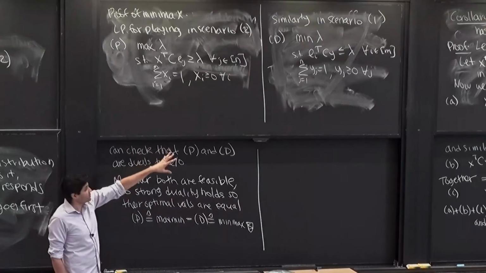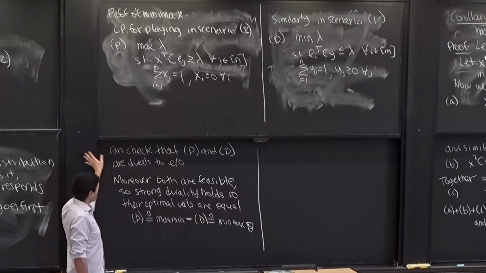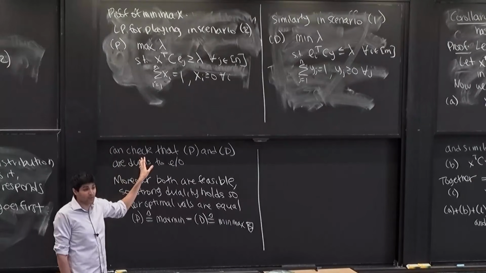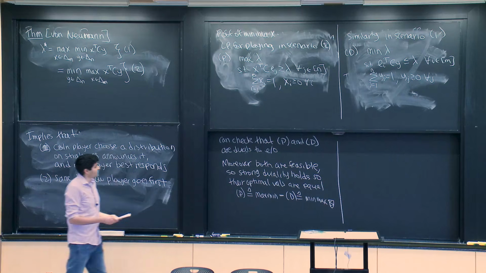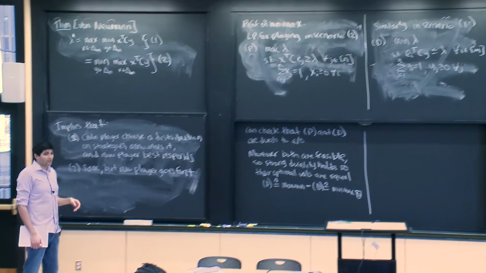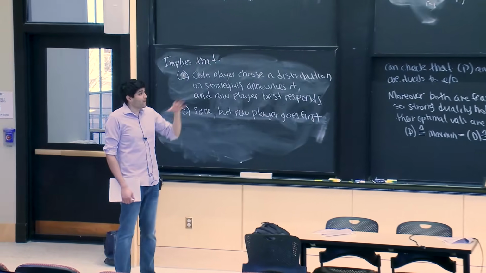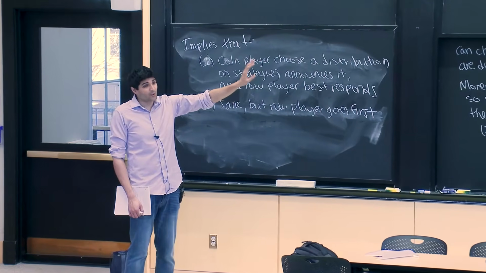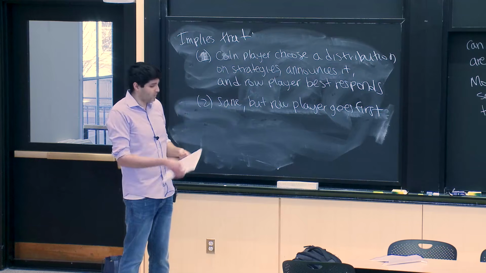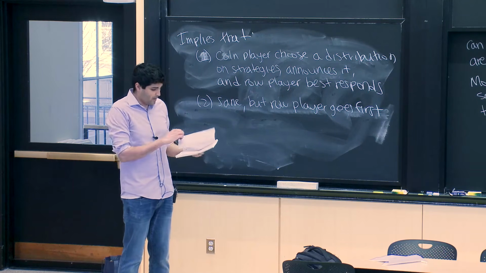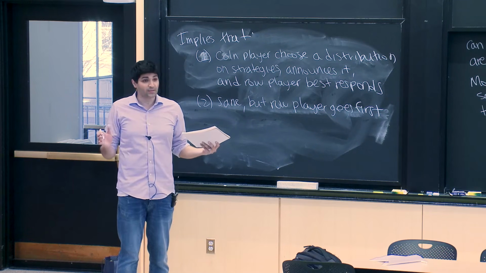Whenever I have a feasible solution to one side, it implies something about the other side not being too good. And that's really the crux of what weak duality is all about. And strong duality just tells us that the best certificate we can get for P from D is actually equal to the optimal value that we can obtain. All right, so any questions?